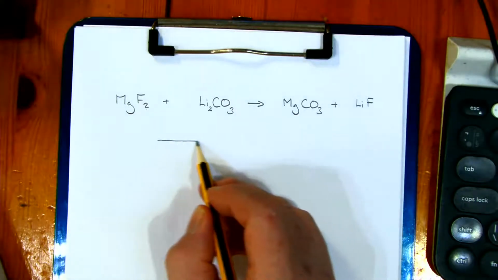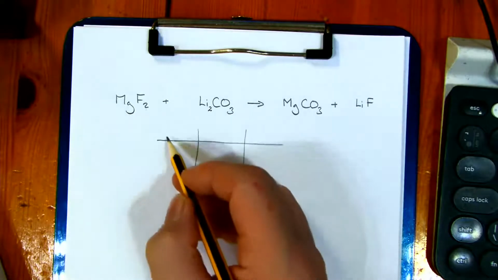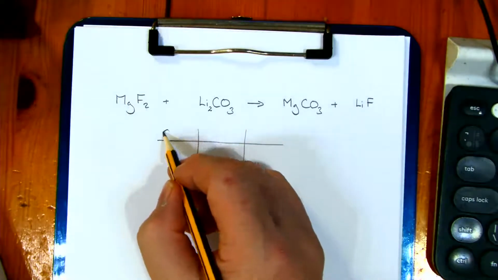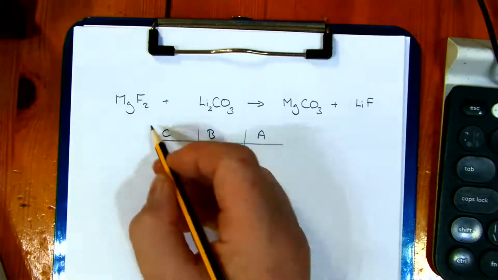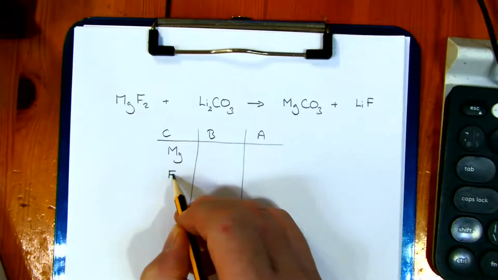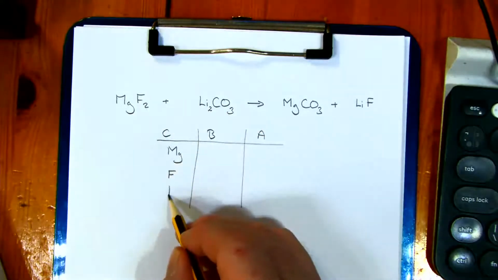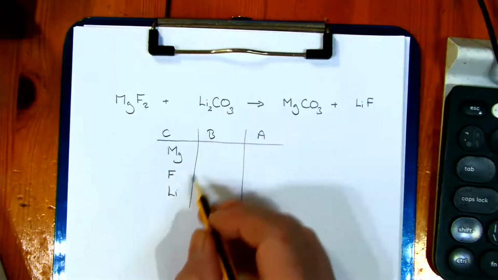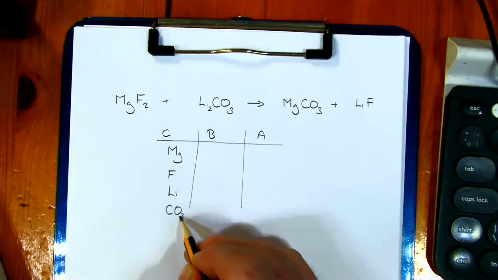Let's work out how to balance the equation. So we start off with my CBA. I can't be asked to do this. I've got some magnesium. I've got some fluorine or fluoride. We've got some lithium, and I've got carbonate before, after, so I'm going to just put down CO3.